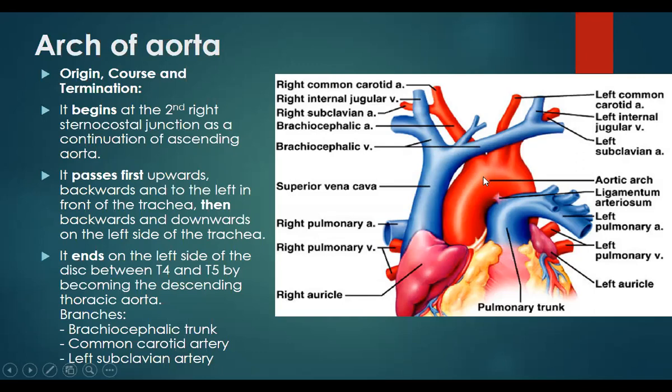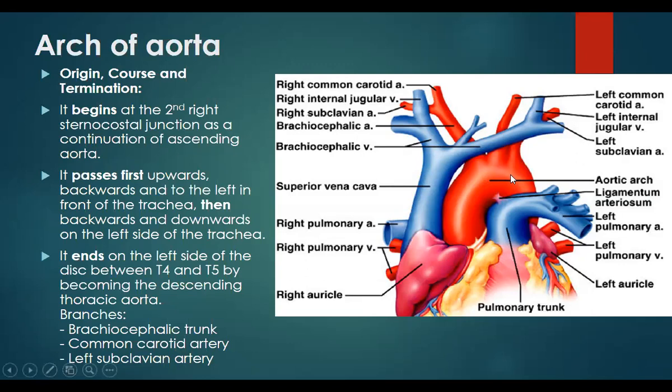So there are three arteries coming from the arch of the aorta: the brachiocephalic artery, the left common carotid, as well as the left subclavian artery. These are the three very important branches, because they will be supplying all the parts of the upper limb as well as head and neck as well as the very important structure, the brain. Okay, so these three arteries are very important branches coming from the arch of the aorta.